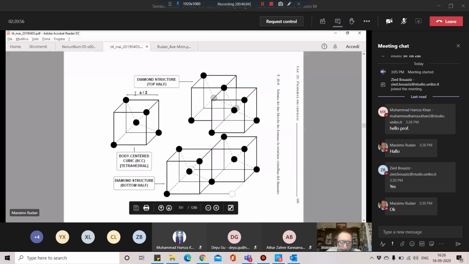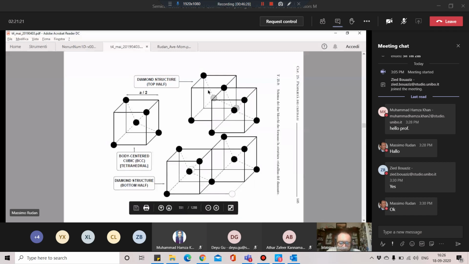This a is what is called the lattice constant, and it is the period of the silicon crystal. And of course, since it is of a cubic structure, this period is equal along the first, second, and third directions of space. Okay, so we go now to the next figure.